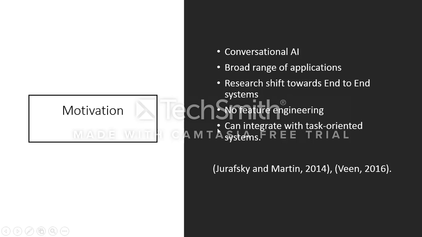And this non-task oriented system is actually vital because it can be integrated with any task oriented system. For example, a task oriented system like a customer care center has input calls coming in, and the chatbot or robot has to answer back.